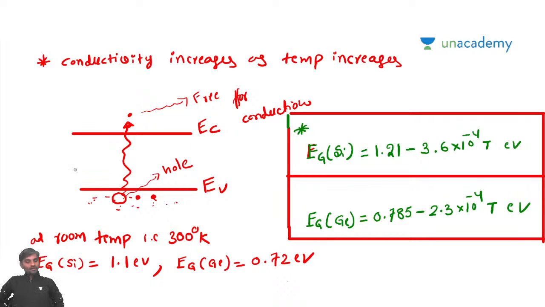Now tell me why carbon is not a semiconductor, though it belongs to the fourth group element. Why carbon is not a semiconductor? Do you know, guys?